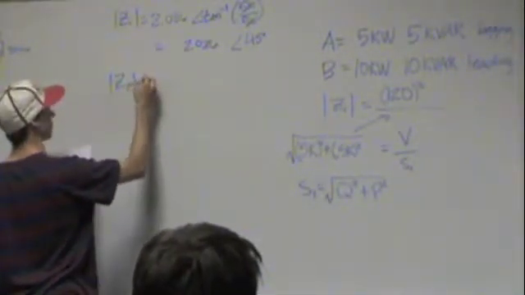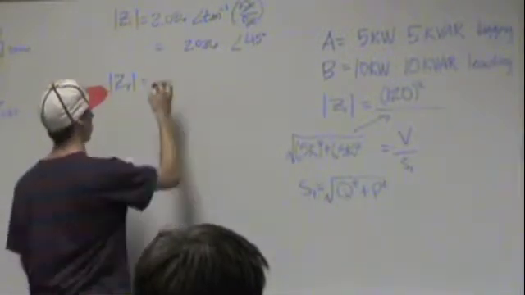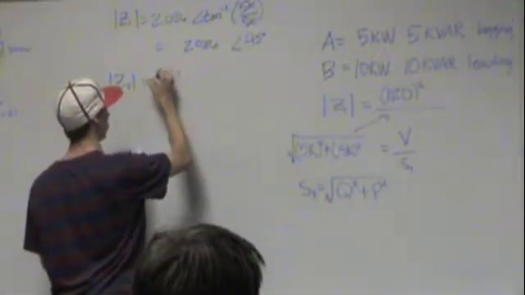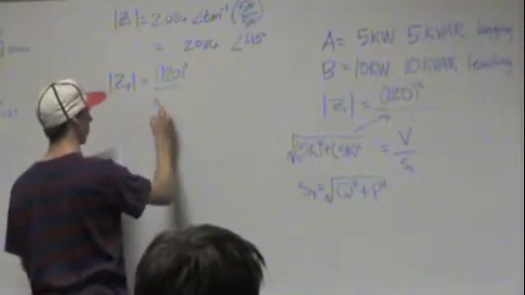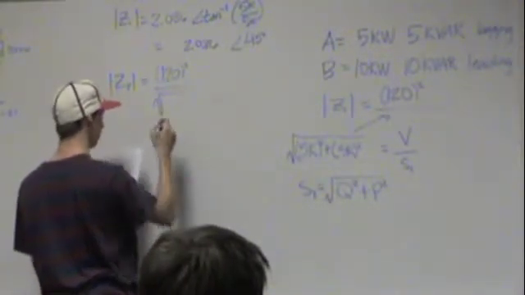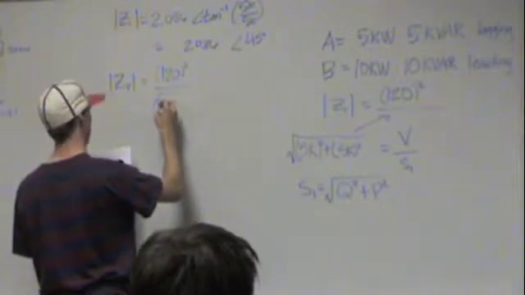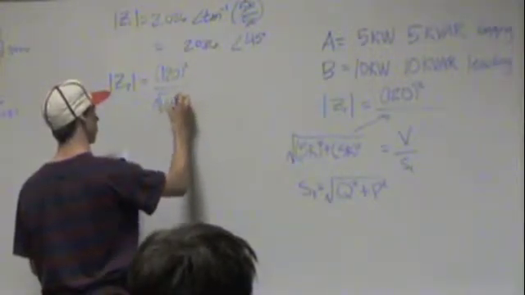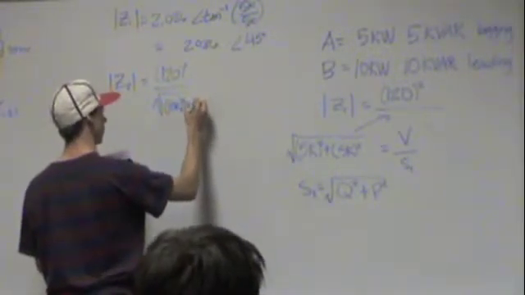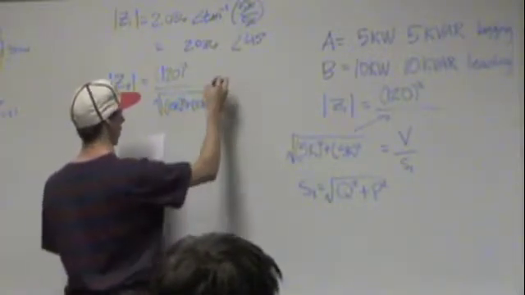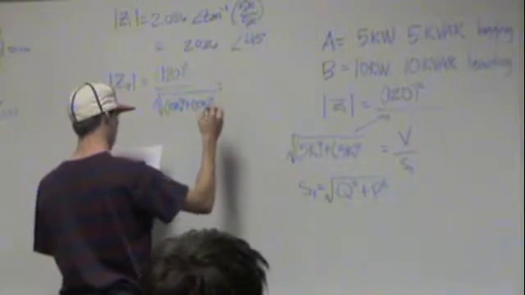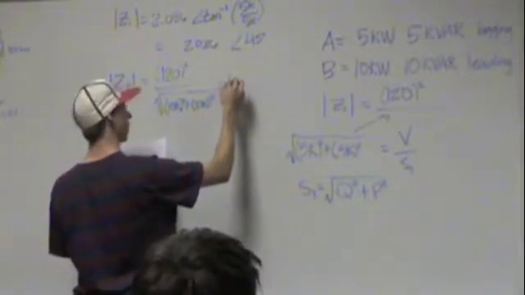So we're gonna do the same process, and we're gonna do the voltage over the impedance portion, or the magnitude of the power. So that's the 10k squared plus 10k squared. And then that's gonna come out to half of the other one.